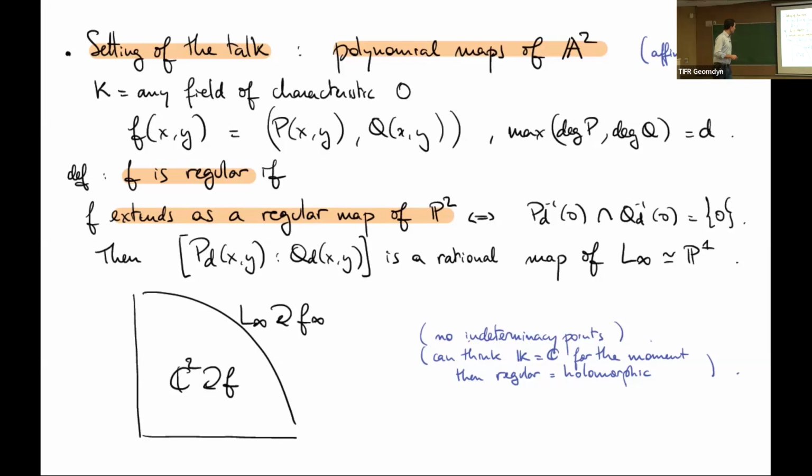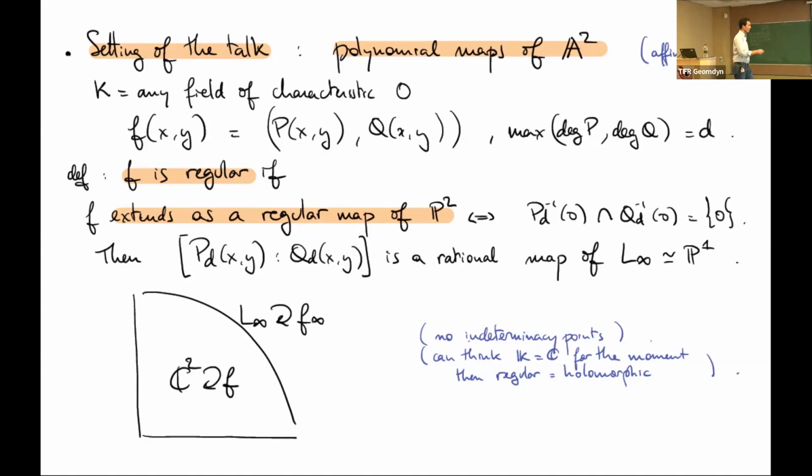There is a very easy criterion for this: you look at your polynomials and at the terms of highest degree, the homogeneous terms of degree D, which I denote by P_D and Q_D. The map extends holomorphically to P^2 if these two components of highest degree do not have any common factor.